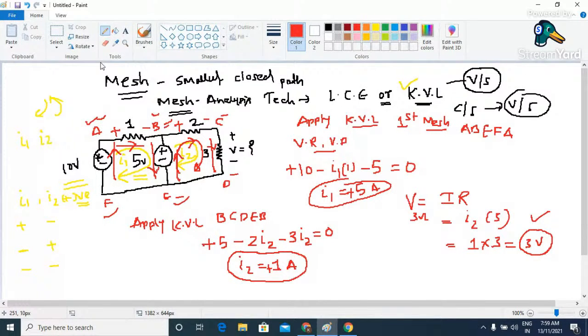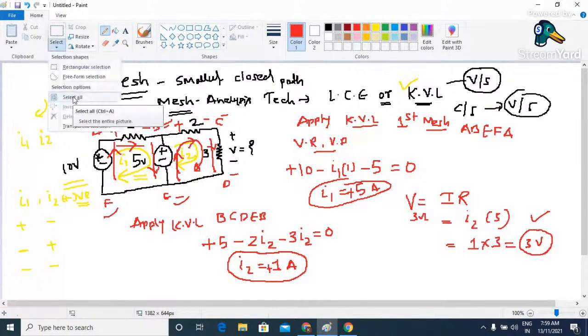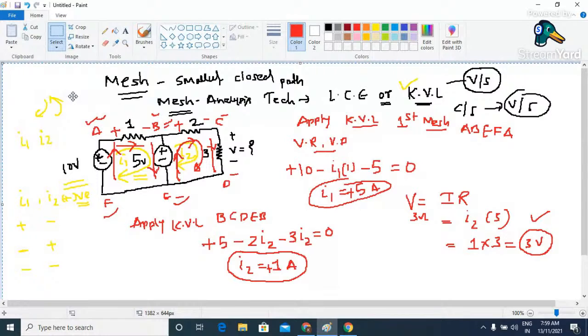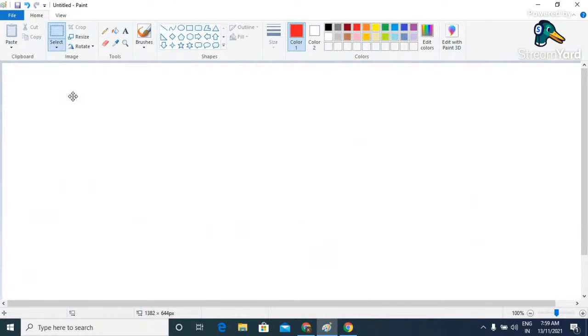Now let us try to discuss what exactly a super mesh is. Concept of super mesh. Super mesh means what?